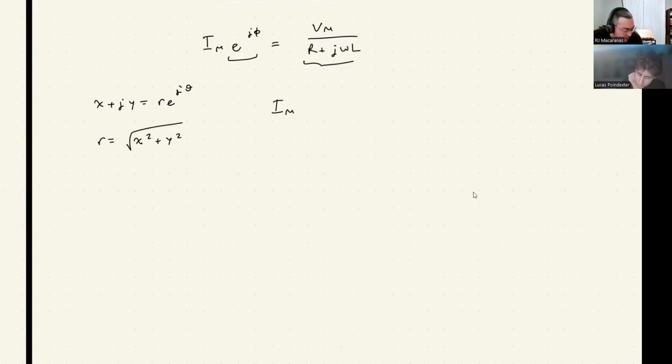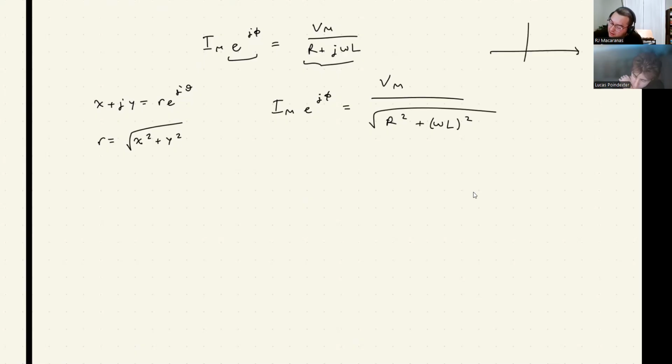So this is the same as, I take my real part, I take my complex part, and I take the square root. And if you want a good way of visualizing that, we have a real axis and an imaginary axis.